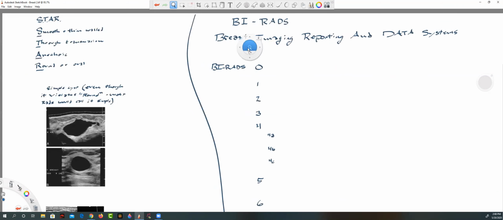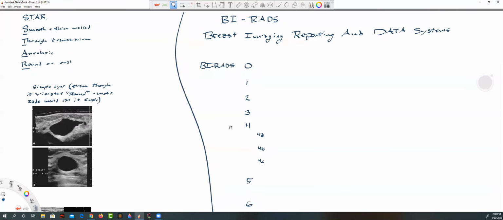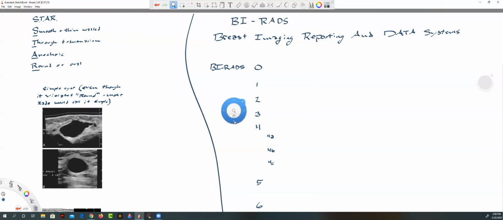But today I have a number of pictures and an outline for us to talk about. The big thing I really want to talk about is BI-RADS, the Breast Imaging Reporting and Data System.